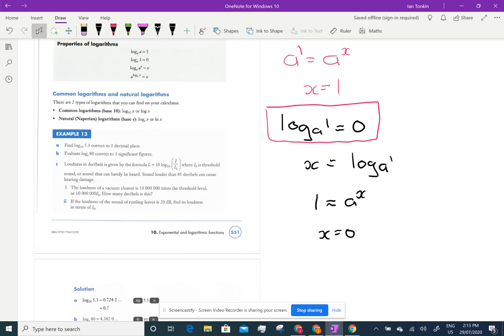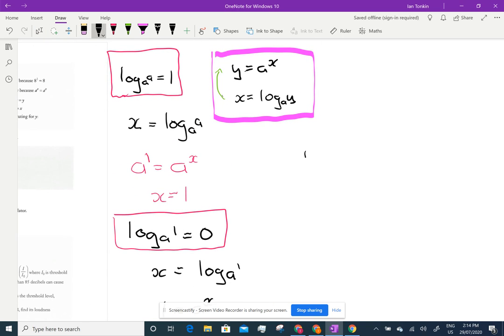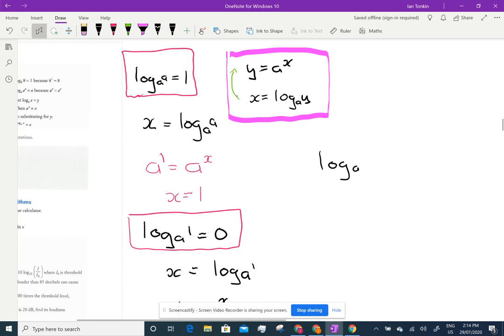Now, the next one. It's a little bit trickier. So let's have a look at it. But again, we're going to use the same law. So we've got log a to the x.